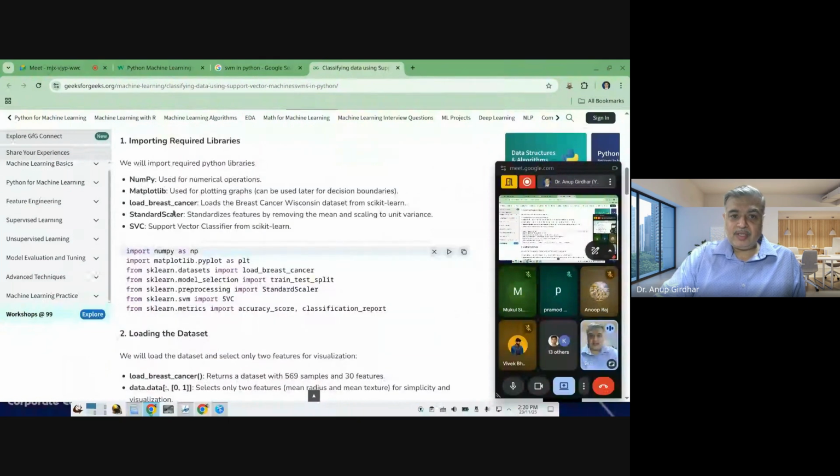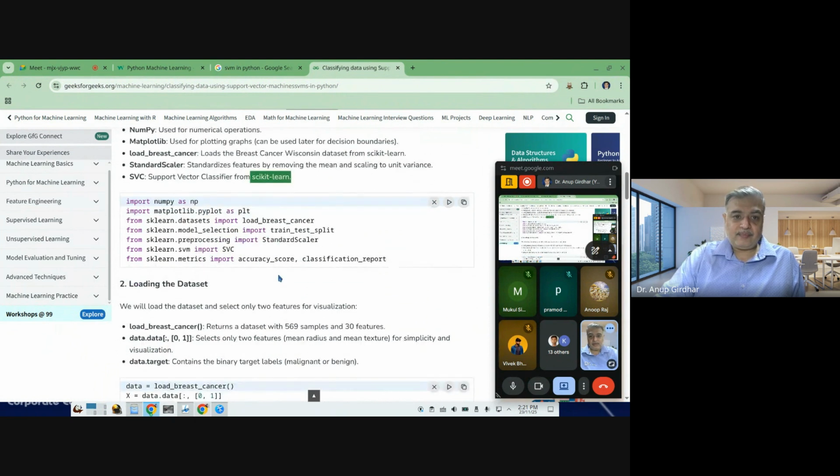For the libraries, we use Python libraries: NumPy, Matplotlib, and load_breast_cancer, the dataset we also worked on earlier. Similarly, StandardScaler from sklearn, and the SVM algorithm from the scikit-learn library.